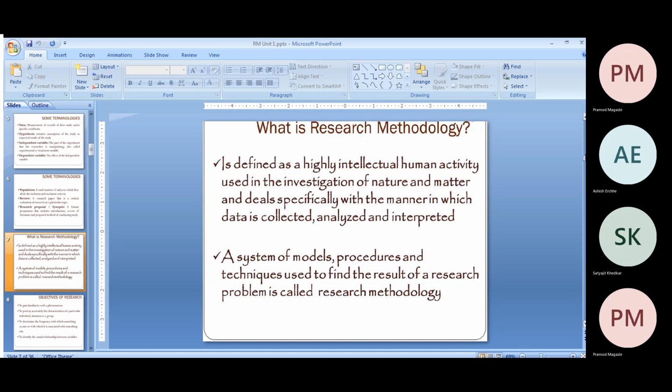Because it is something new, something innovative that a common man cannot think of. So I have to consider that for my research problem, and we call it a highly intellectual human activity used in the investigation of nature and matter, and it deals specifically with the manner in which data is collected, analyzed, and interpreted. These three things are very important: collecting the data, analyzing the data, interpreting the data.